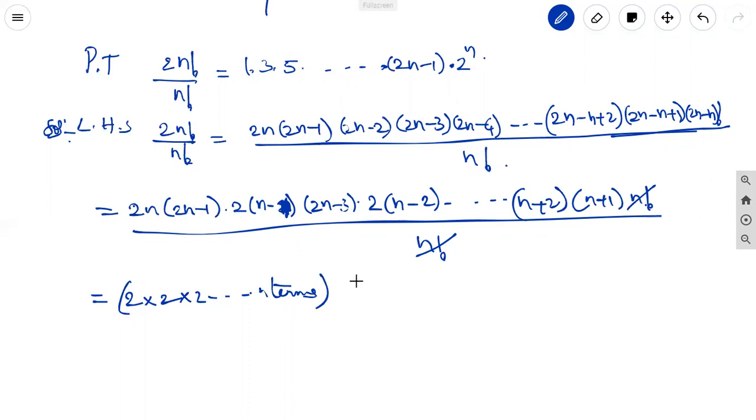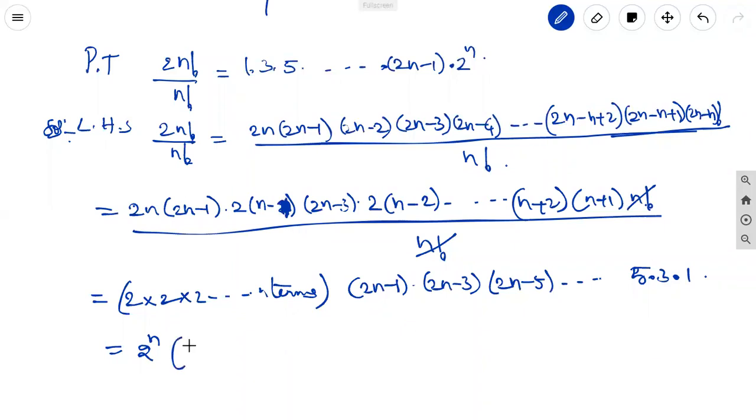The remaining are (2n−1) × (2n−3) × (2n−5), and so on, up to 5 × 3 × 1. These are n terms, the 2's. Then it can be written as 2^n times, writing small to big, 1 × 3 × 5 × ... × (2n−1).